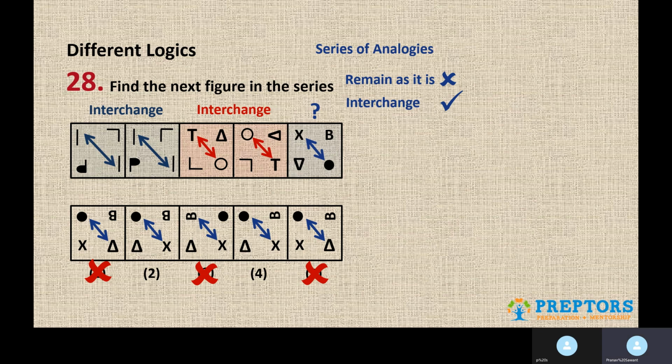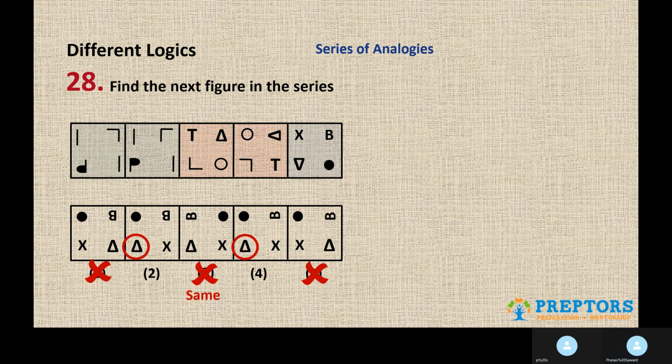Now through this logic, okay, they are getting interchanged. They are not remaining same. So T and circle are getting interchanged. Circle and T are getting interchanged. So X and dark circle must get interchanged. So options 1, 3 and 5 are eliminated. Options 2 and 4 are left.